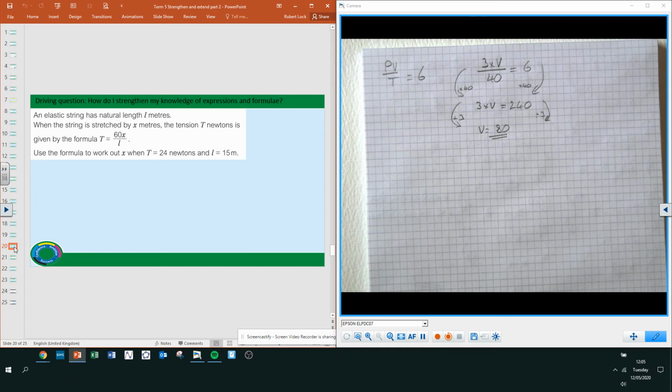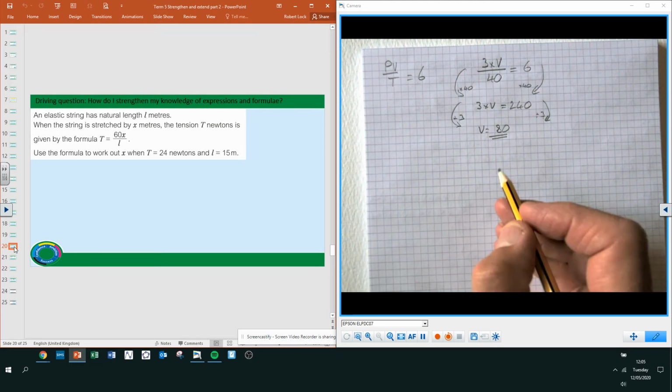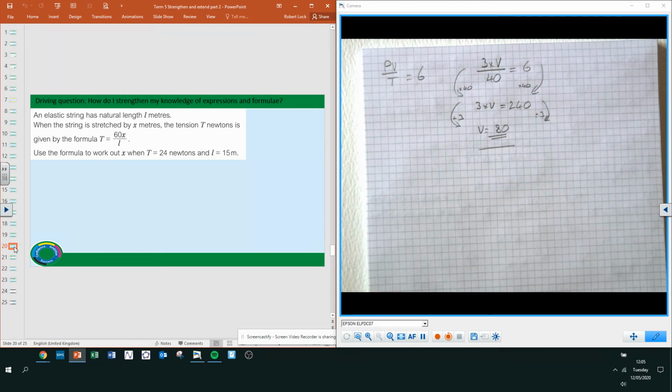Next one. Elastic string. An elastic string has a natural length of L meters.